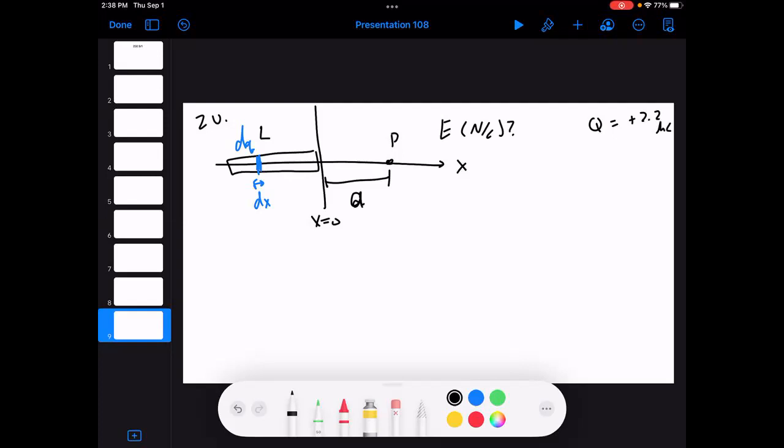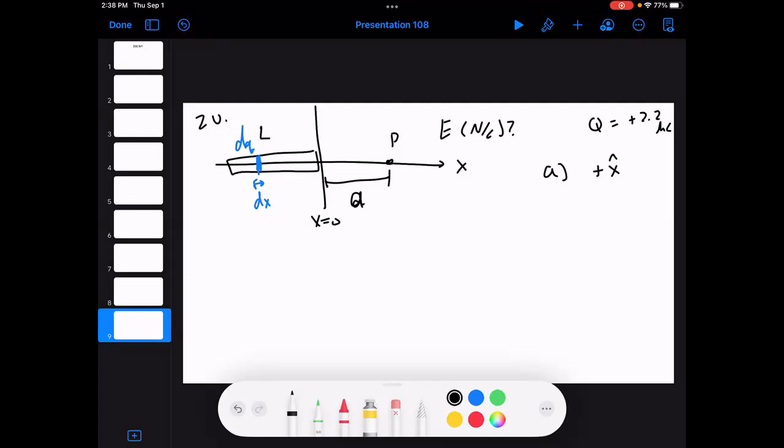And so if we're looking at point P, is the electric field going to point in the positive x direction or negative x direction if the charge is positive? So do electric fields point away from positive charges or towards positive charges? Away. So we expect to see something in the positive x direction.